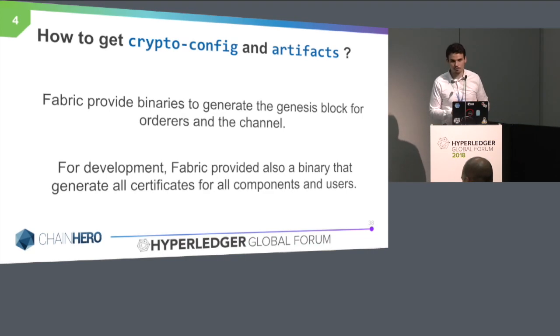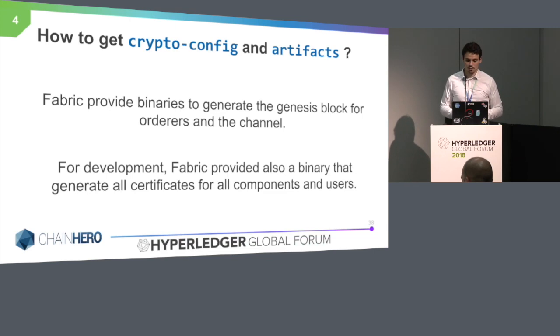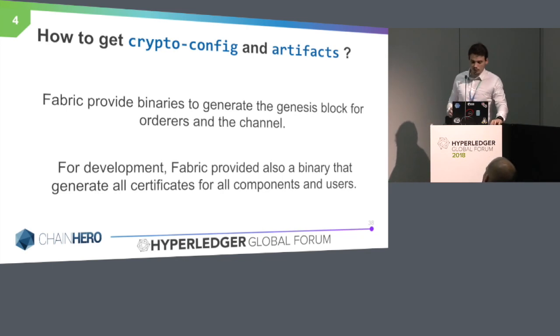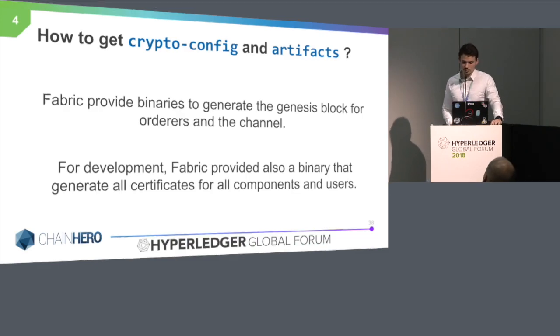You also provide a configuration file that contains how many users you need in your application, or how many peers there are in the network, and the binary will generate every certificate for your app. It's not ready for production. Every certificate is self-signed, so you can't use it for production.